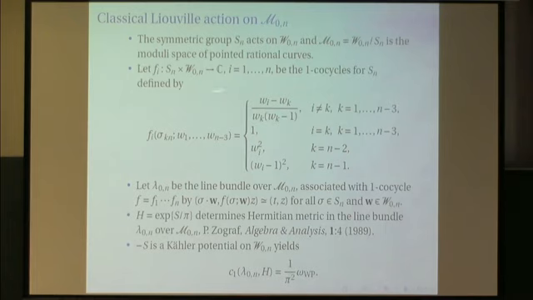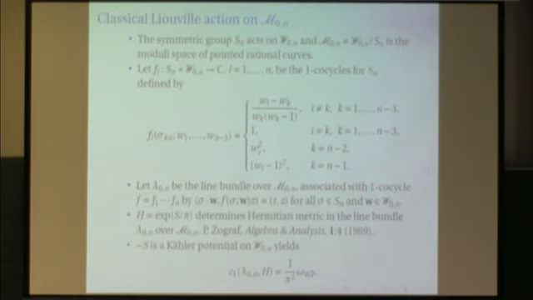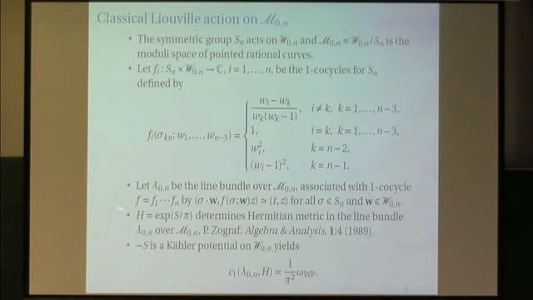For each puncture you have a cocycle f_i. The product is a one-cocycle f. And then you consider a trivial line bundle over W, and a quotient by identifying this. So you obtain this line bundle, the analog of the Hodge line bundle of the moduli space, by taking a quotient of the trivial line bundle over W with this one-cocycle by this rule. So you permute points, and you identify in this fashion.